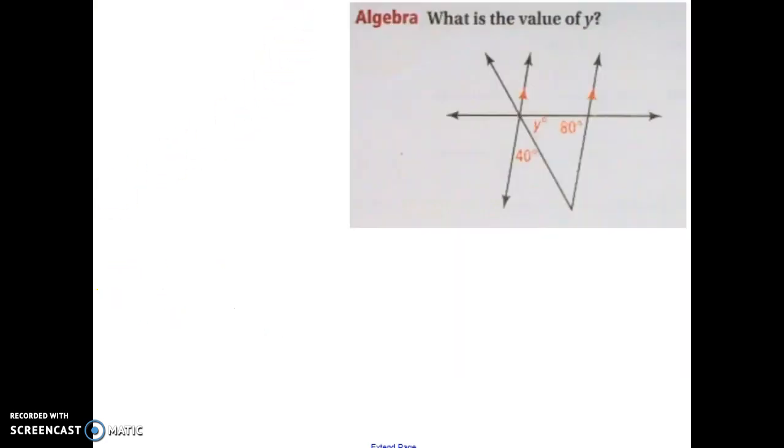Here, a little bit more complexity going on. These two lines are parallel, and they're cut by this transversal.